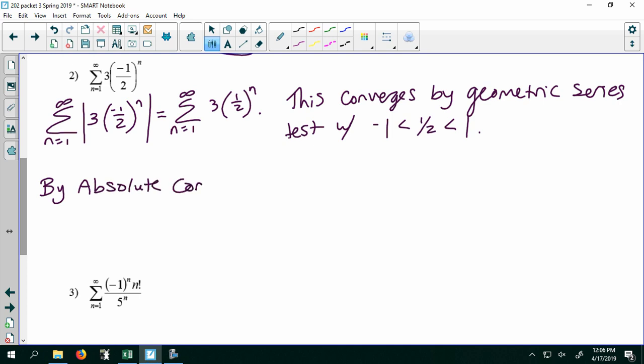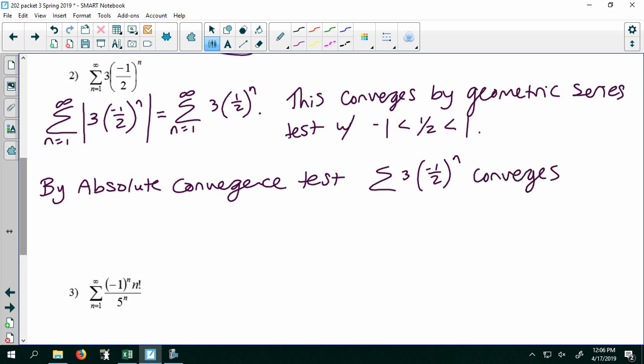By the absolute convergence test, the alternating version of the series also has to converge because the absolute value did. So my original sum that I was asked about is absolutely convergent.